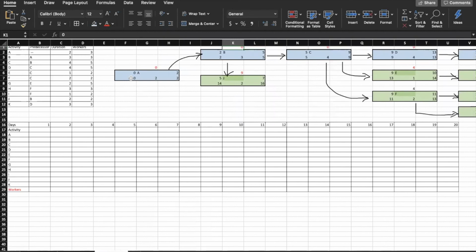That would give us how many days, how many workers we need each day. So we know that A has no predecessor, so we start on day 1 and it takes 2 days and 3 workers for each of the days.